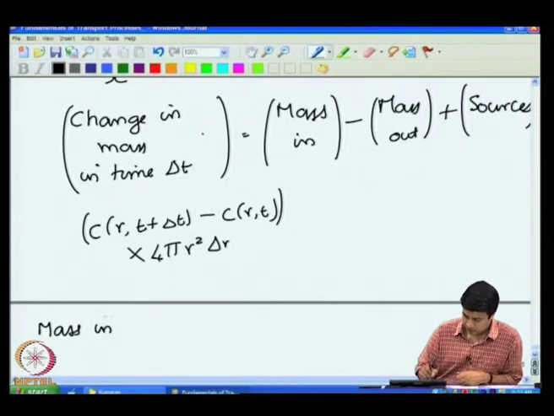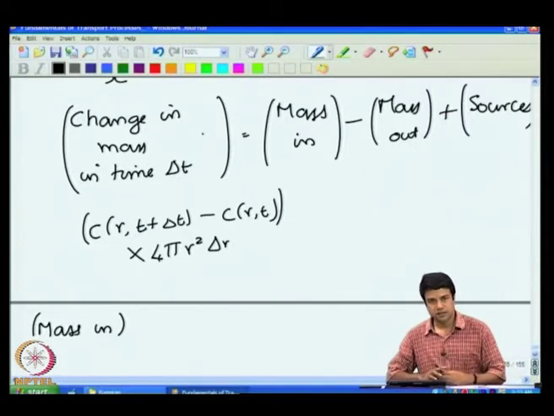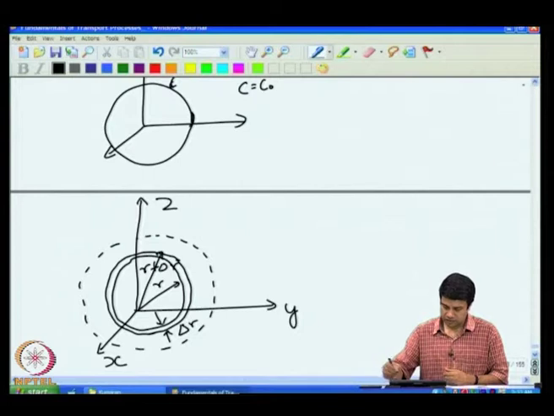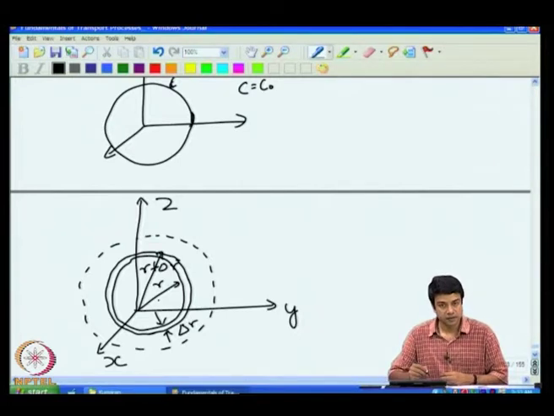What is mass in? Mass in is going to be equal to the flux times the surface area. In this particular case, I have defined the radius vector as the vector from the origin to the surface. Therefore, there is a mass in at the surface at r.